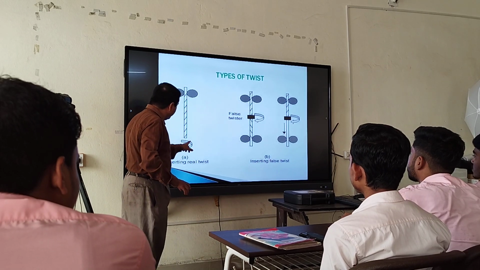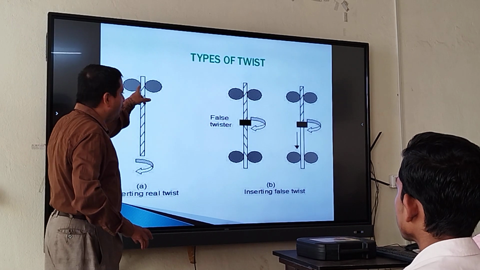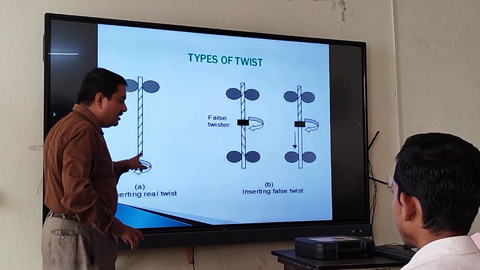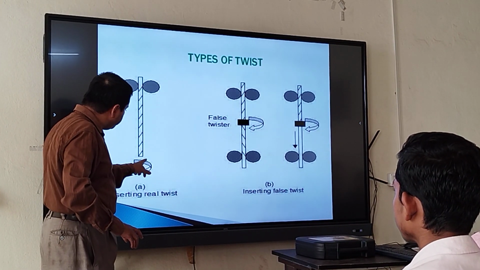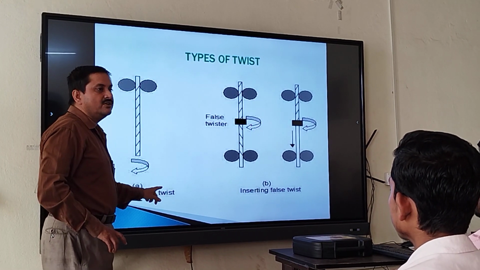Here we are applying the torsional force or twist. One point is gripped, another point is open. So from this point I am applying twist. This is to be called real twist or true twist.